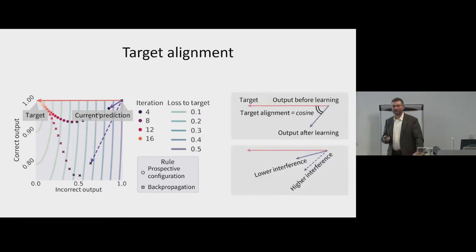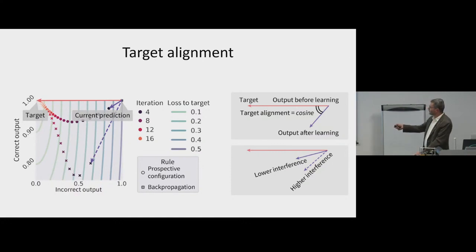Okay, so now we can define a measure which we call target alignment, which is how well the algorithm changes its outputs in the direction of the target. So basically, we define this target alignment as the cosine of the angle between the direction from the output before learning towards the target and the direction from the output before learning to the output after learning.